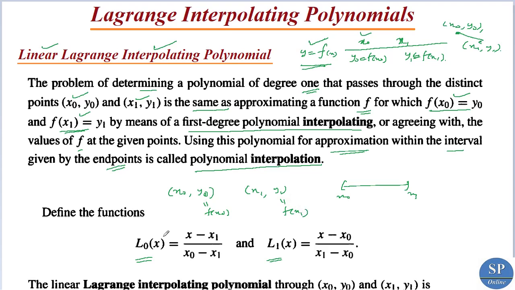So define these two functions: L0 of x is equal to x minus x1 divided by x0 minus x1, and L1 of x is x minus x0 divided by x1 minus x0.